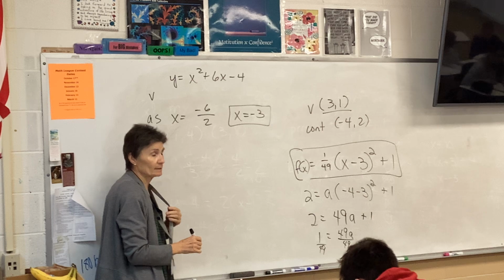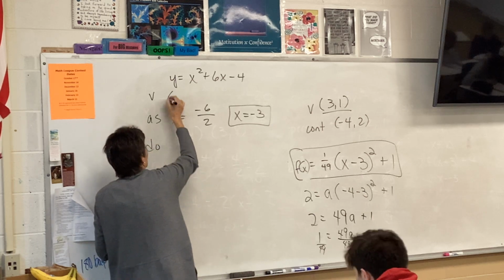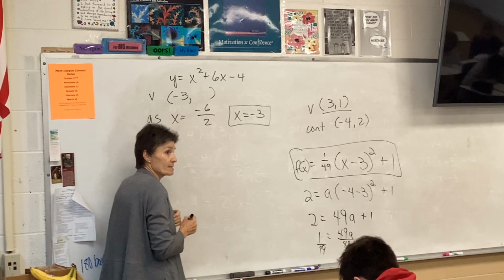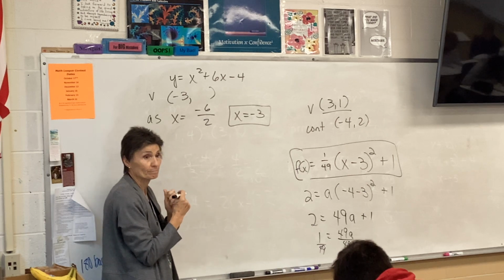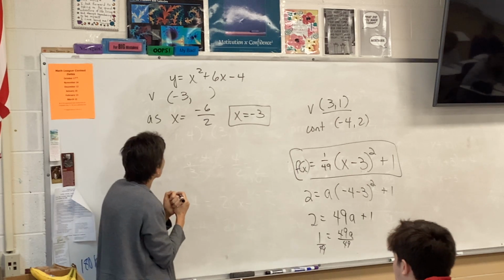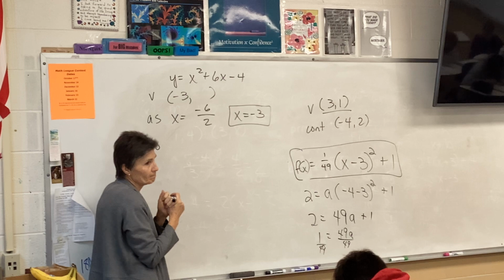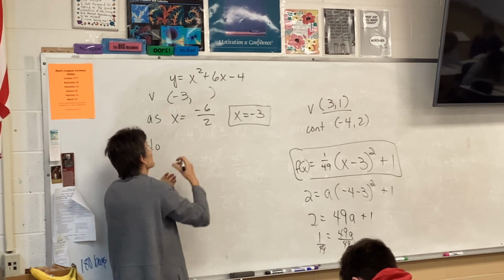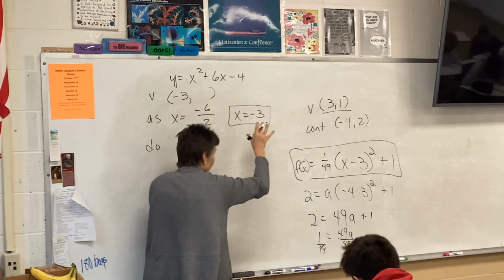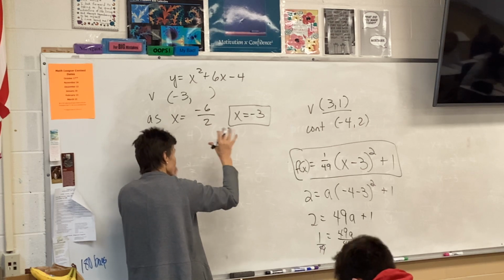What does that automatically tell me? My vertex is (-3, something). And how do I find that something? You put in the -3. So -3 squared. You can use a calculator, but I caution you, make sure you're putting it in correctly.